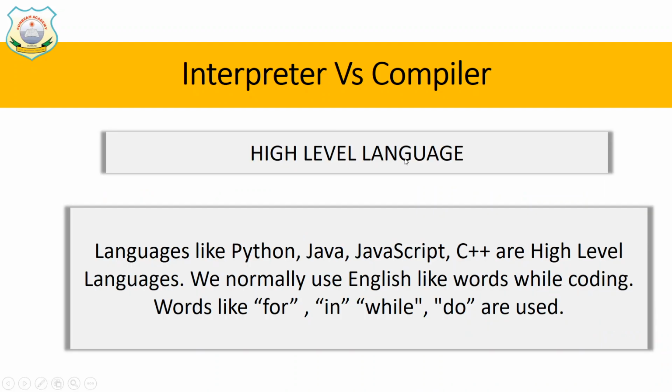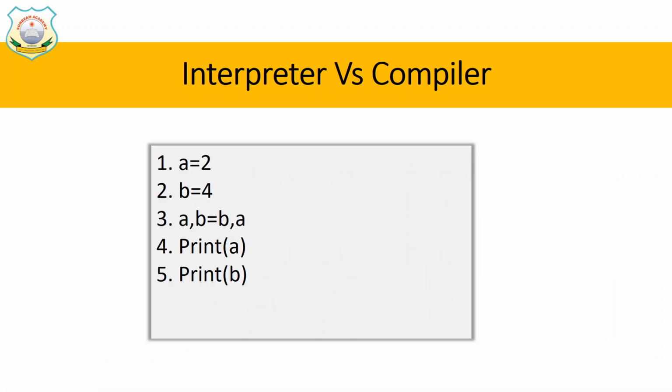Then high level languages like Python, Java, JavaScript, C++ are high level languages. We normally use English like words while coding. Like words like for, in, while, to are used. Please understand this. And then this is a simple sample code of Python. This is the numbers that are given to the code. Okay, do not get confused, but this is like a sample Python code.